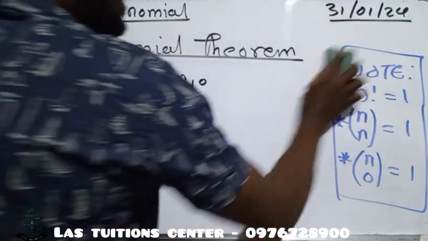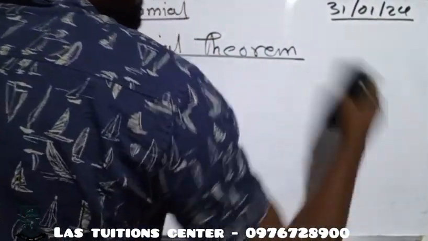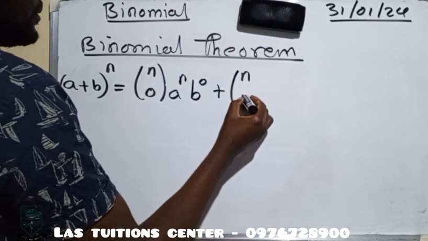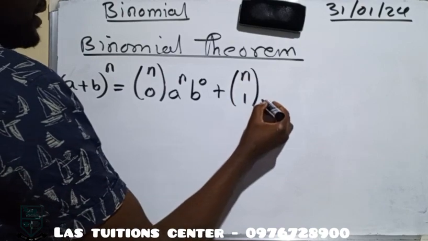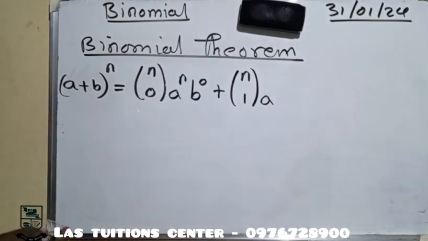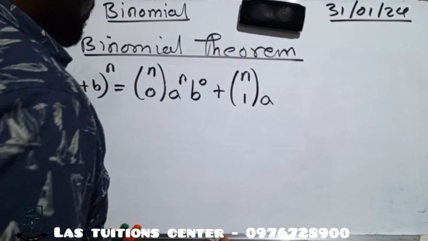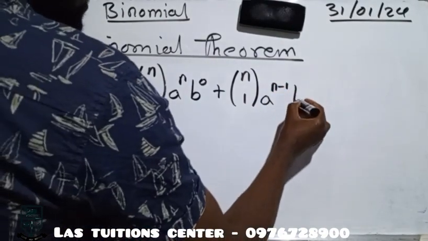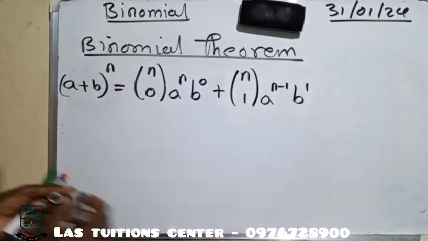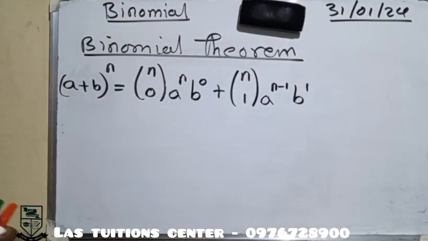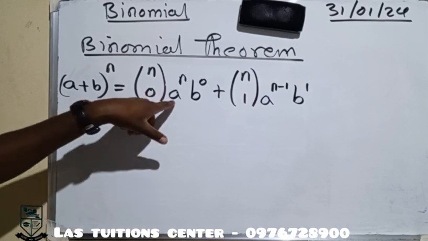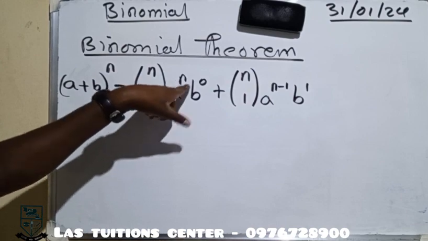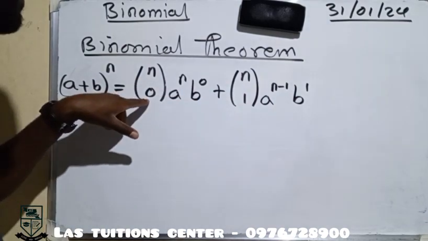From there we have plus n choose 1. At every point a will be reducing by 1, so here you have n minus 1, while b will gain a 1. So a carries n minus this as a power, so n minus 0 you get n, while b carries just this down here as a power.